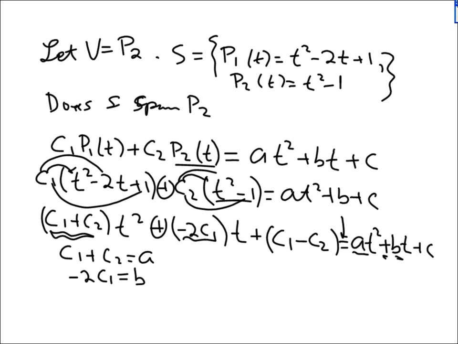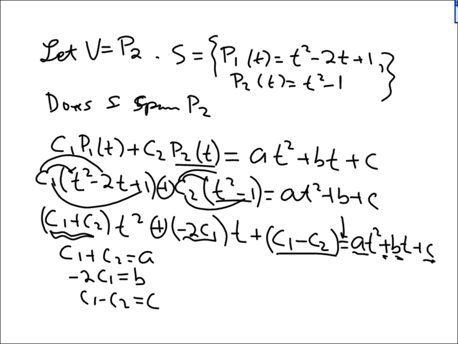And the constant on the left, C1 minus C2, must equal the constant on the right. Now, if I can solve this for C1 and C2, and they're always well defined for any a, b, and c, we're okay. And if we get a contradiction, then we have a problem.